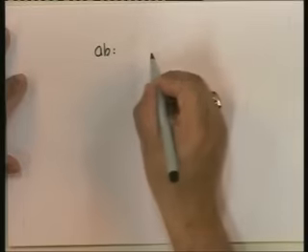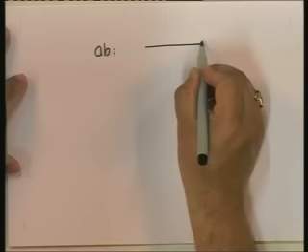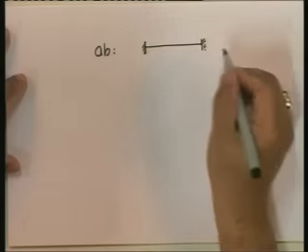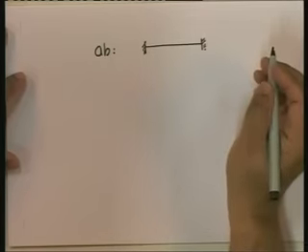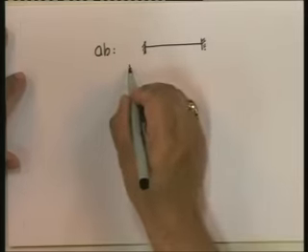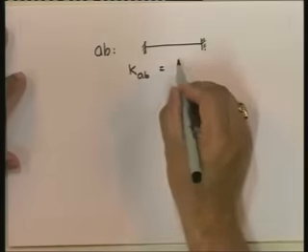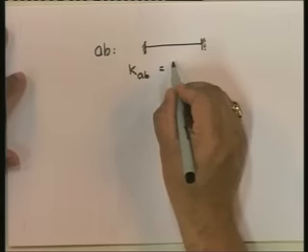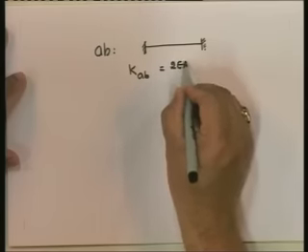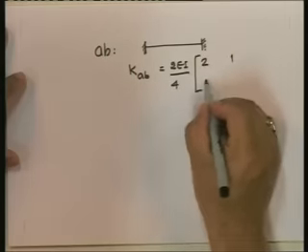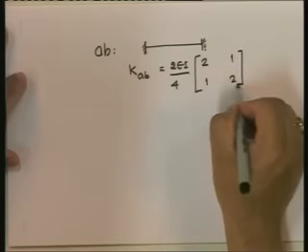AB is a member defined in this way, and its K_AB is defined by 2EI upon L times the matrix [2 1; 1 2].